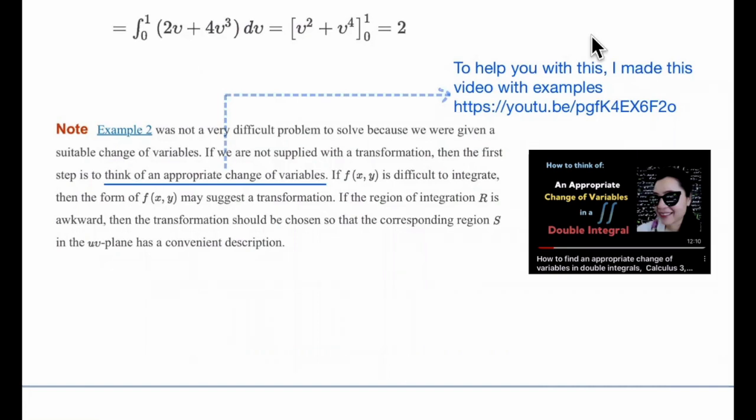So we need to think of an appropriate change of variables before we proceed. Now, to help you with how to think of an appropriate change of variables in double integrals, I have made this video with examples and posted it in my channel.